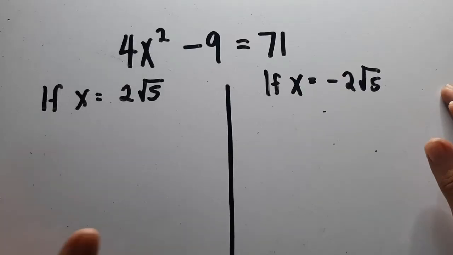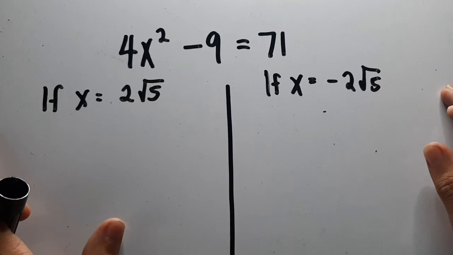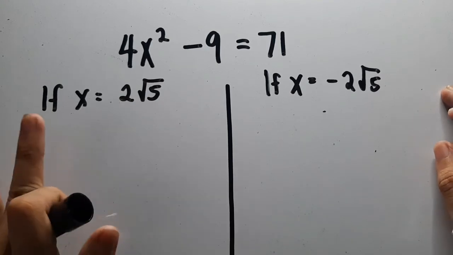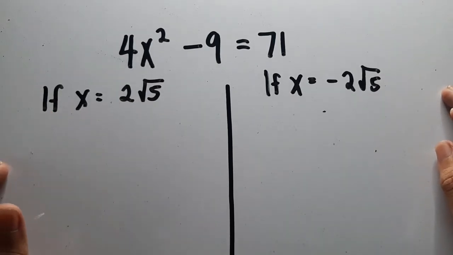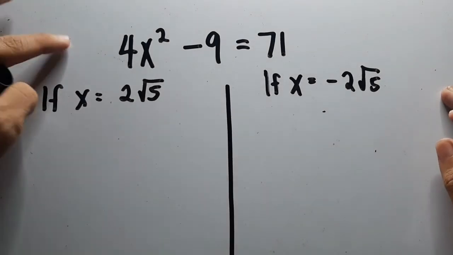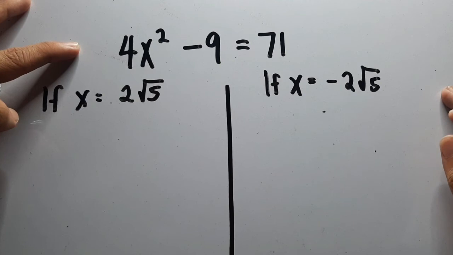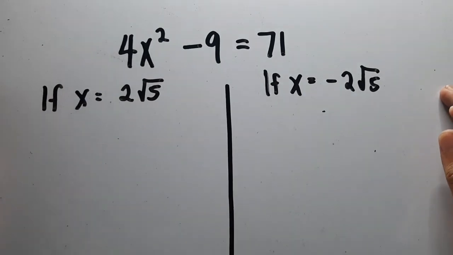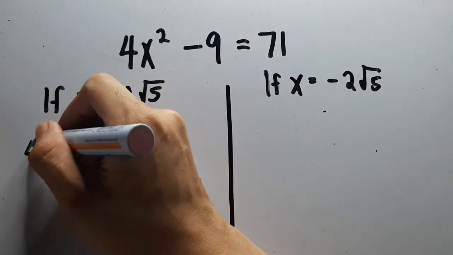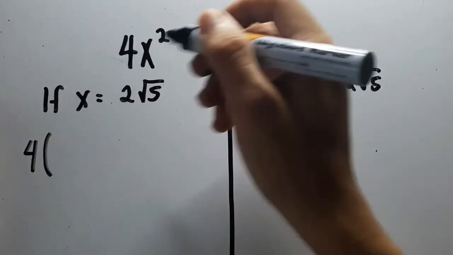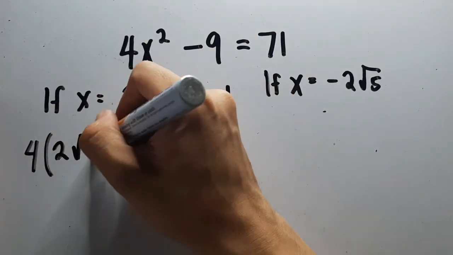Let us check if the roots are correct, or if our solutions are correct. So the first root, which is x is equal to 2 square root of 5. So let us substitute this value to the given, which is 4x squared minus 9 is equal to 71. So we have 4 multiplied by 2 square root of 5.